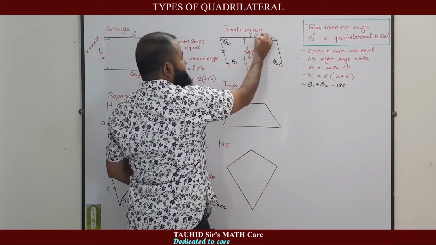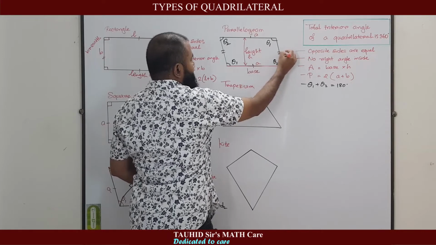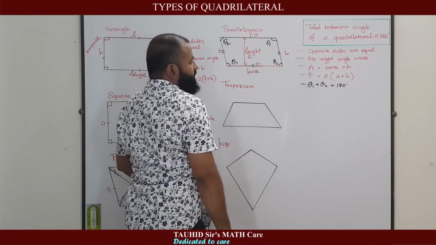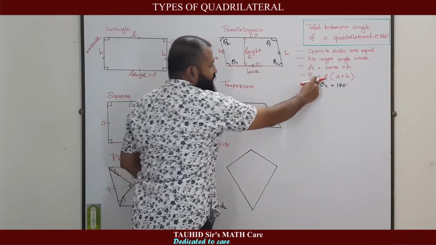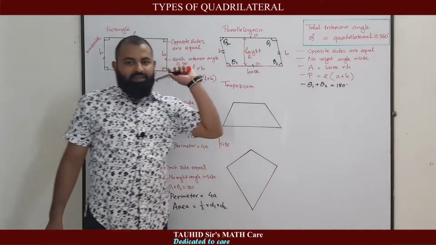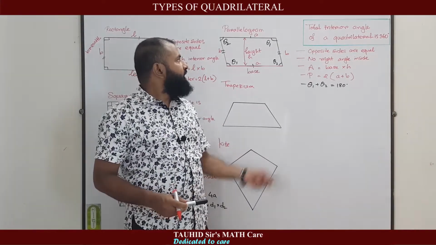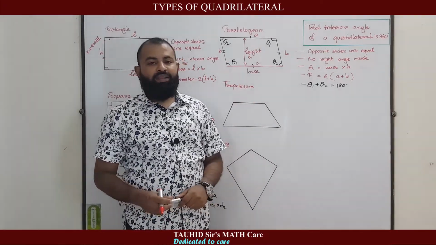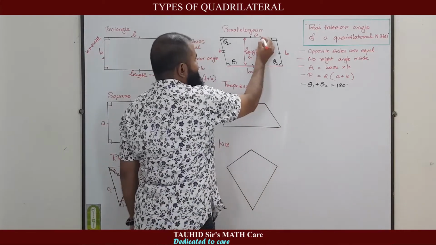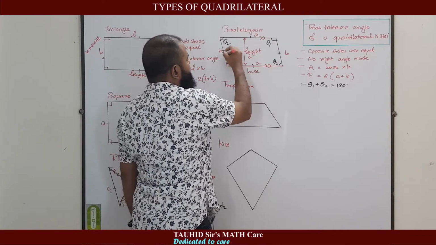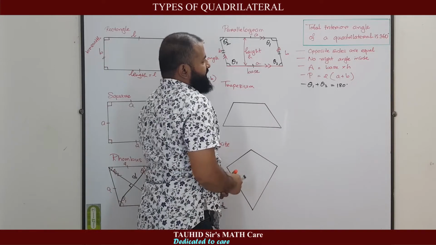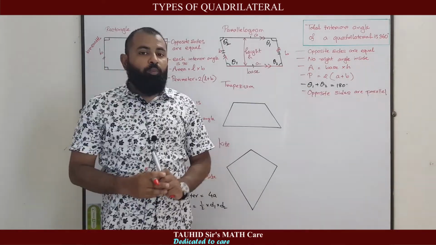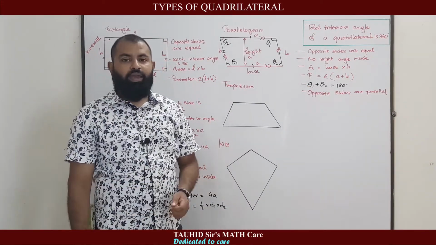If we call these sides A and these sides B, the perimeter is the addition of this plus this plus this plus this, equals 2 into (A plus B), just like the rectangle. And why is this shape called parallelogram? Because this line is parallel to this line and this line is parallel to this line. So the main characteristic of a parallelogram is opposite sides are parallel and equal.